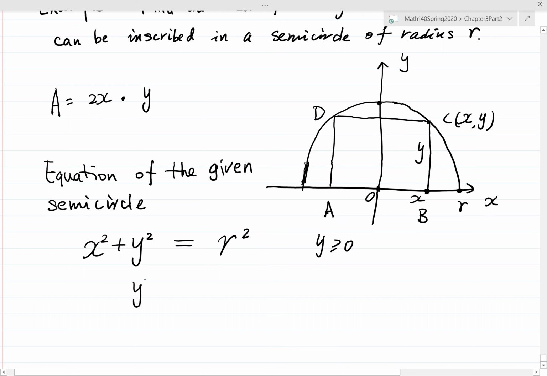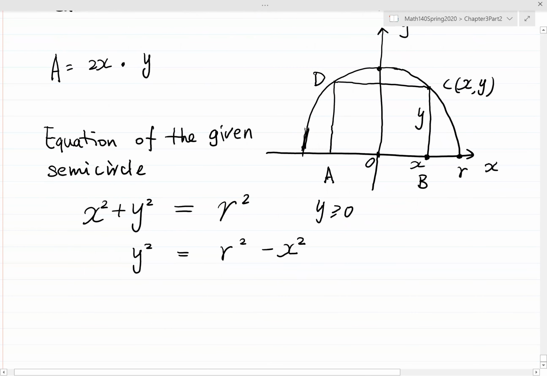So we solve for y in terms of x. You move the term x squared to the other side, so you get y squared equals r squared minus x squared. Then you need to solve for y. When we take a square root, you need to be really careful. We have two choices, plus or minus, two branches. But here we only have one branch because we are using the upper half circle, so the y value is positive. The negative value is the lower half, which we don't use.